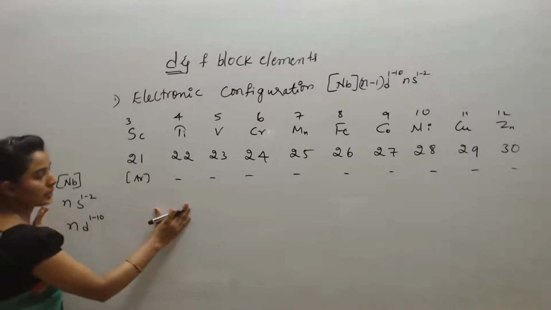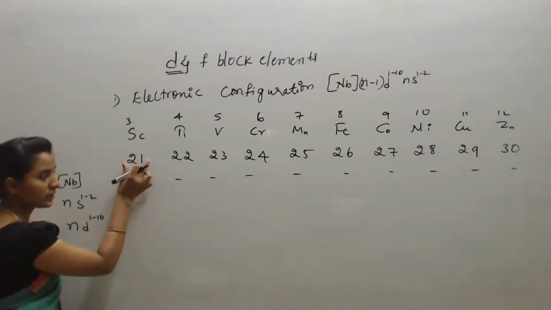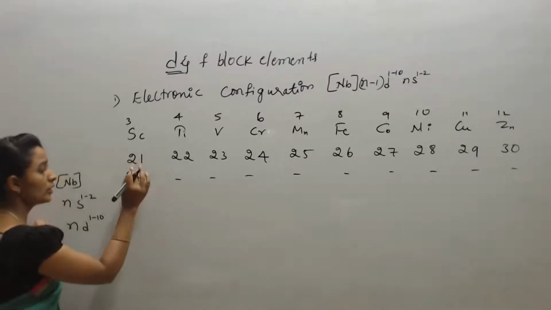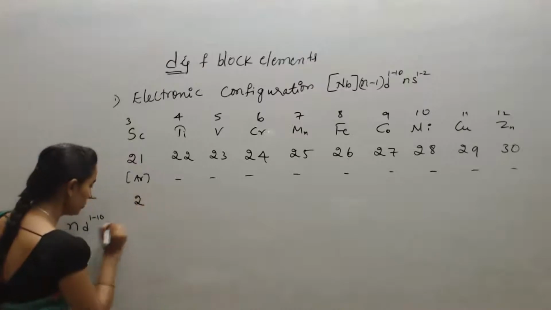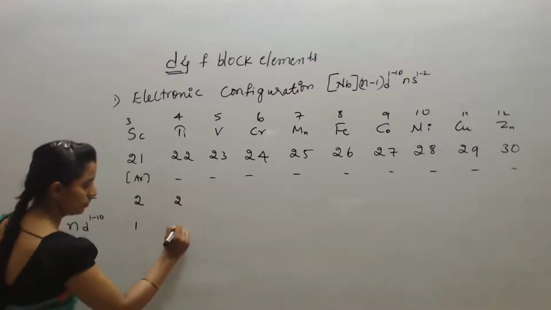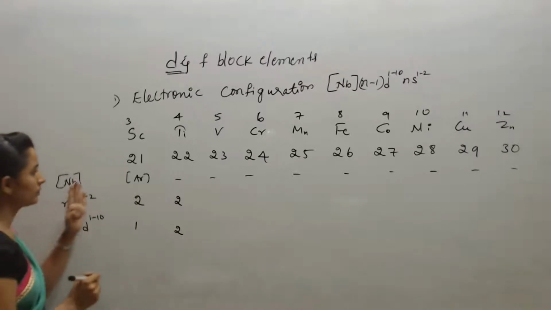First, I will write the s orbital. So listen, 18 are there. 21 electrons are here. This is argon, meaning 18, that is the noble gas configuration. 21 minus 18 means 3 electrons there. So ns2 3d1. Then ns2 3d2. Okay, this is correct.